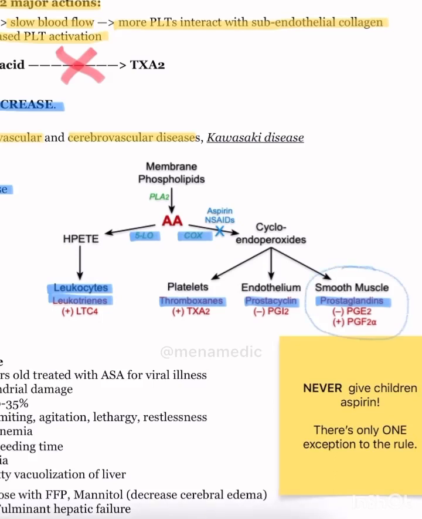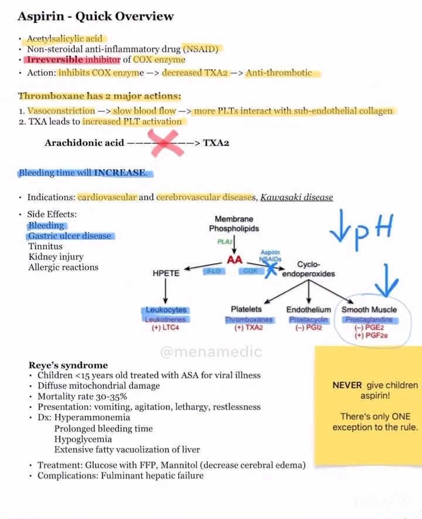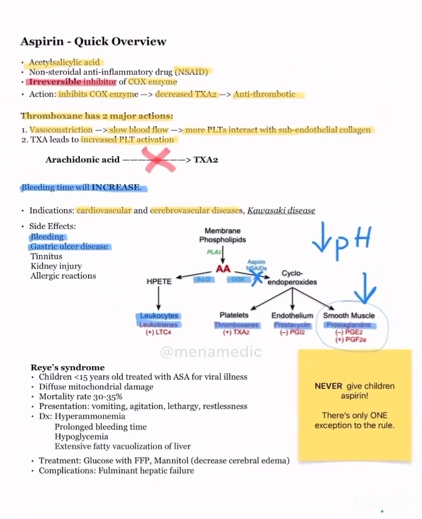So if I decrease my prostaglandins by giving a patient aspirin, which inhibits this pathway, you end up with higher acidity along the gastric epithelium, and that can lead to ulcer formation. So not only are you inhibiting thromboxane A2, causing the bleeding time to probably go up, but you're also inhibiting prostaglandins, leading to gastric ulcer disease.